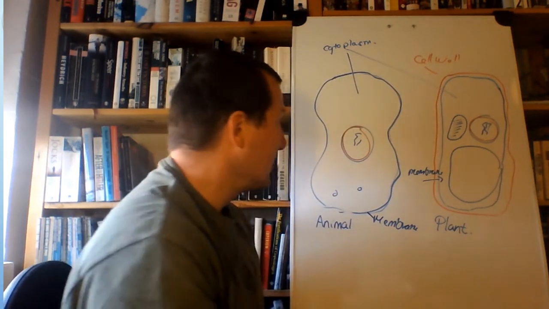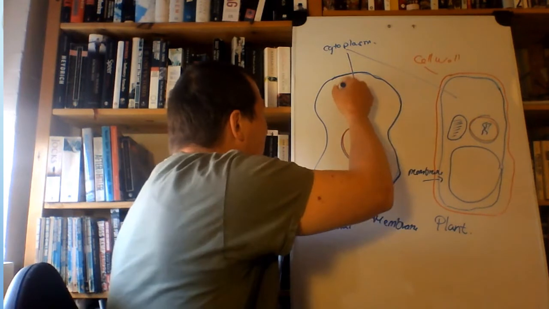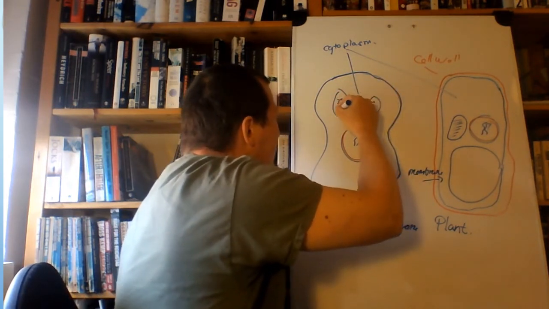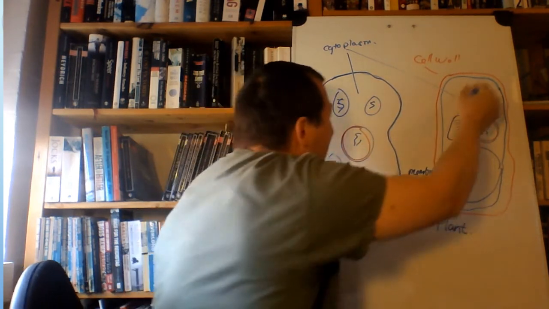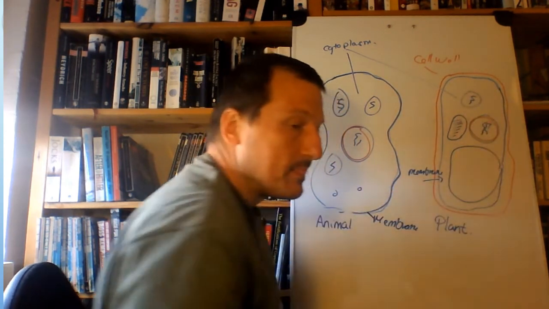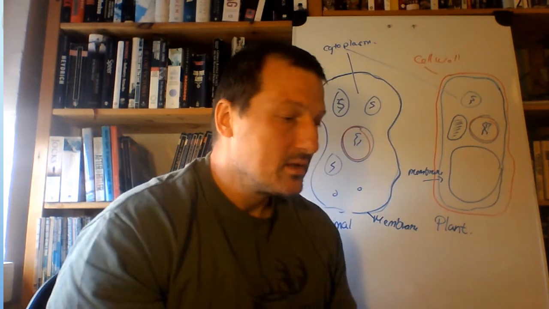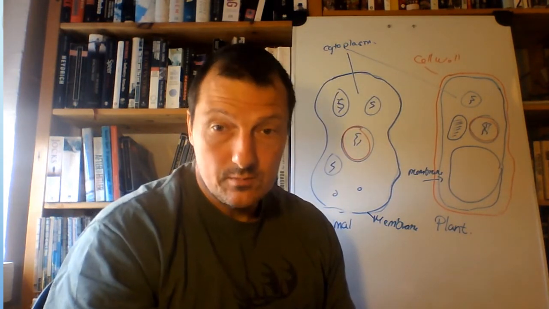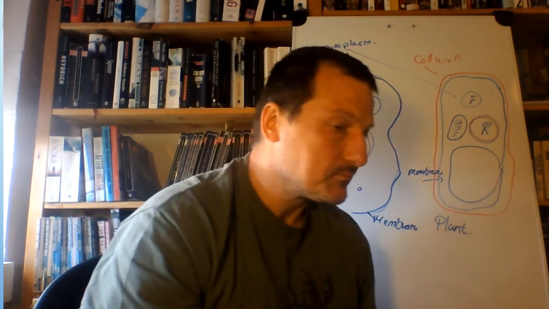Then we have our mitochondria. I draw them in a different way. Mitochondria are the part of the cell where you burn sugar to create energy.